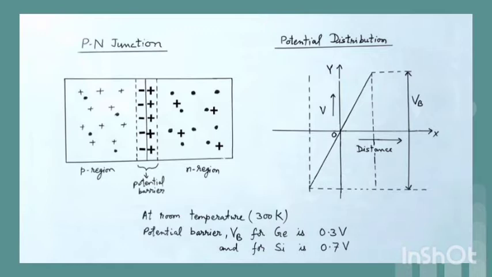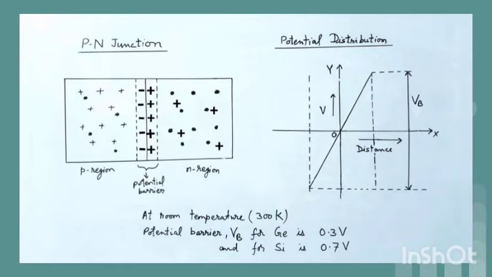Hence, there is a difference in concentration of charge carriers in the two regions, and therefore electrons from the N region diffuse through the junction into the P region, and holes from the P region diffuse into the N region.